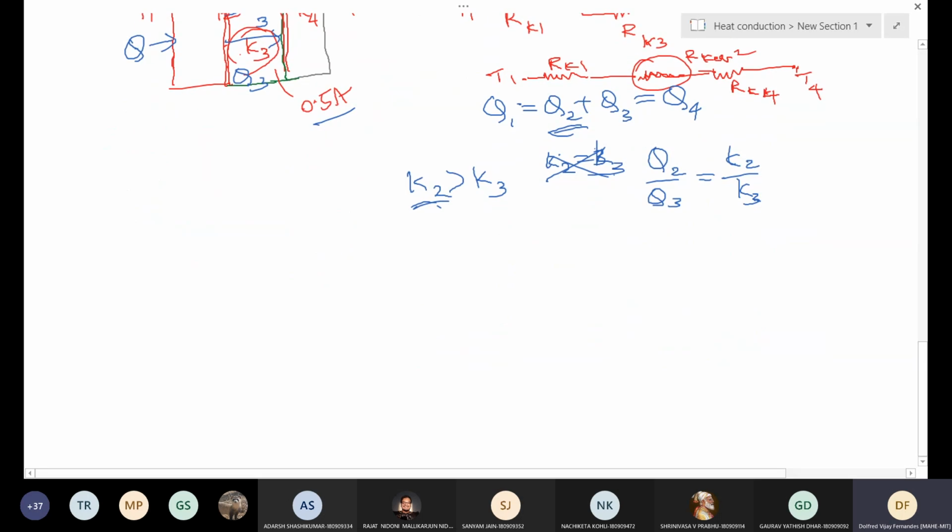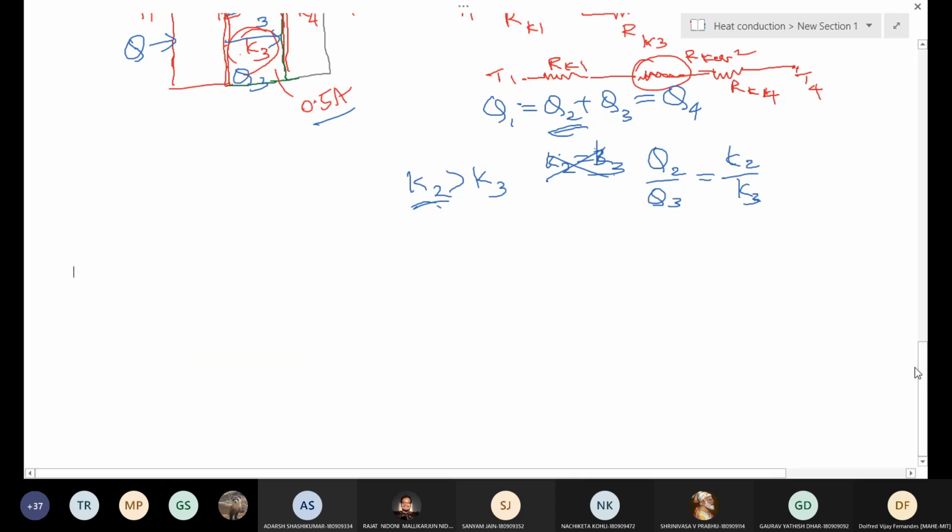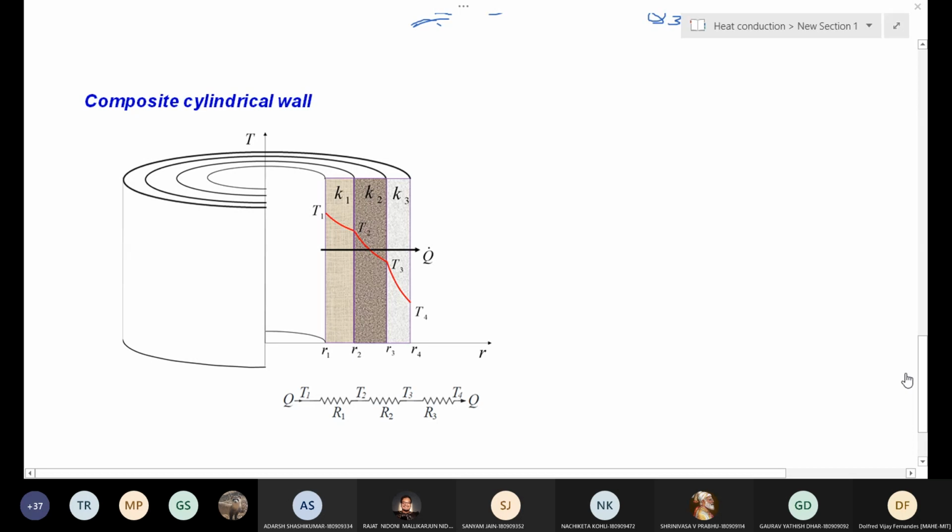If you understand the planar wall, this is just an extension of that, so you don't have to do much there. For the composite cylindrical wall, you can write again the same way the conduction resistances RK1, RK2, and RK3.